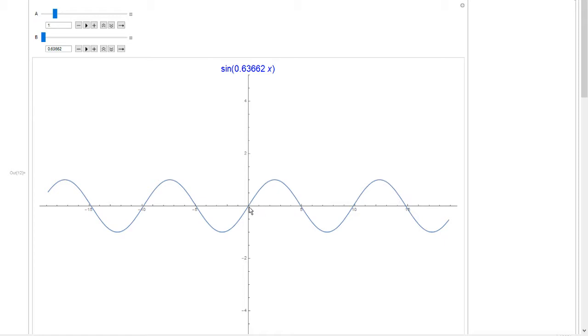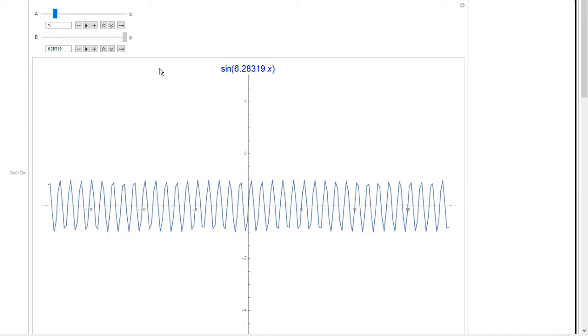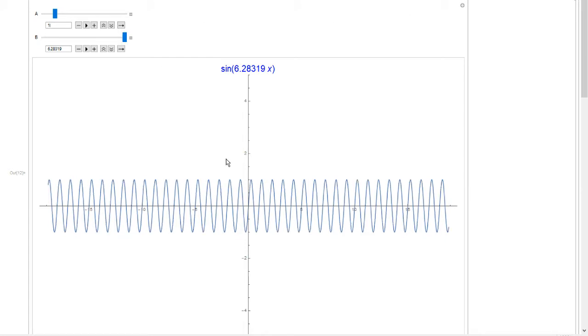Where does our period go to? Well, it expands out quite a bit, right? So that's the idea, in terms of what happens with this graph when we start messing with that. And with 2 pi, when we plug that in, notice we are oscillating within a unit of 1 essentially, right?